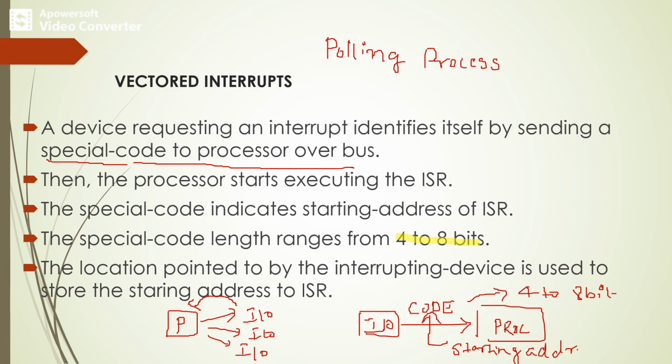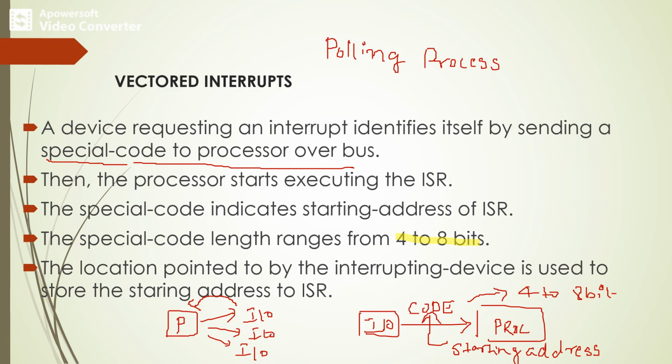The device which is willing to interrupt the processor can directly give its identity by sending a special code to the processor over the bus. The code length ranges from 4 to 8 bits. Usually the I/O device will place the starting address as the code on the bus.